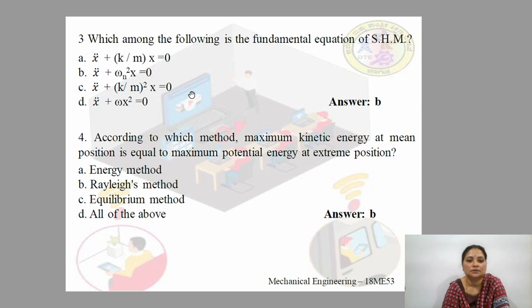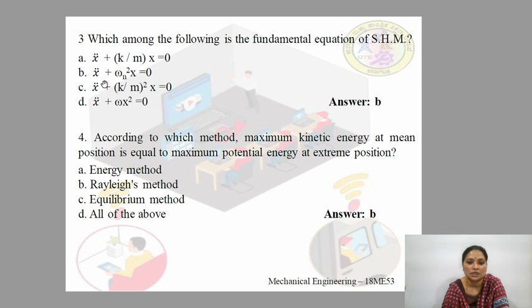The third question is, which among the following is the fundamental equation of simple harmonic motion? In all the derivations that we discussed, the right equation for simple harmonic motion is x double dot plus omega n square x is equal to 0.